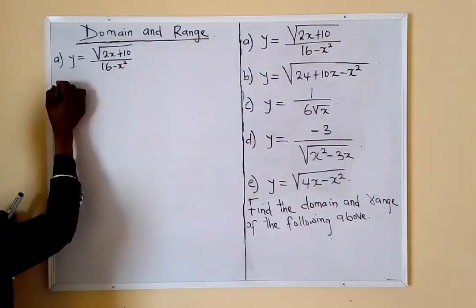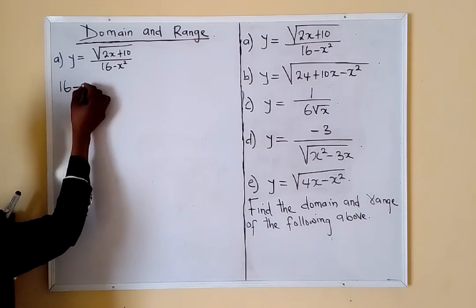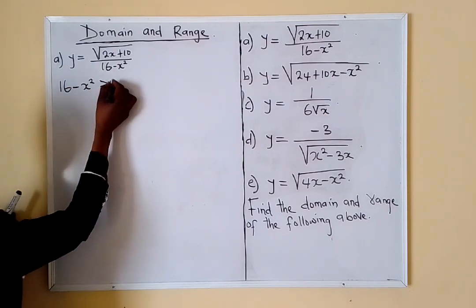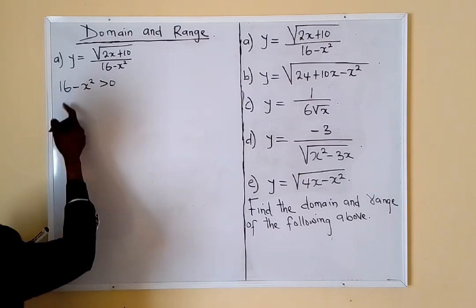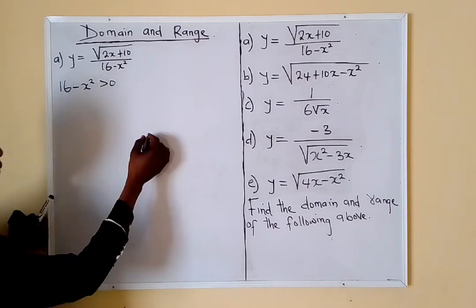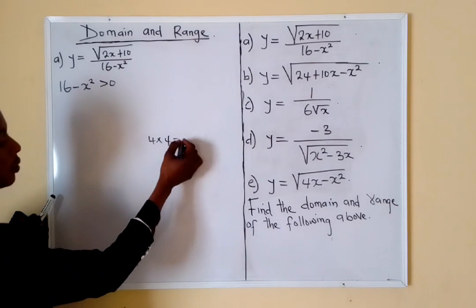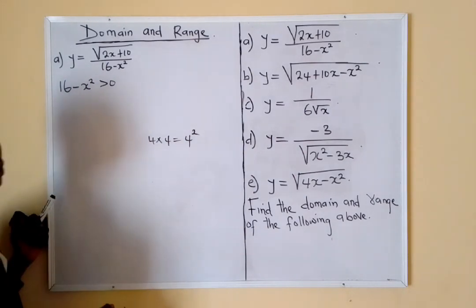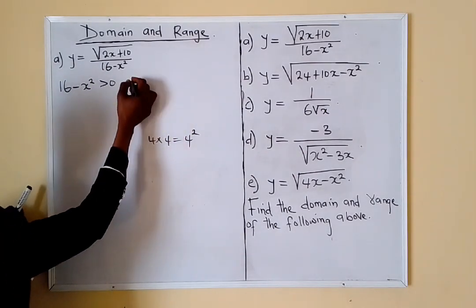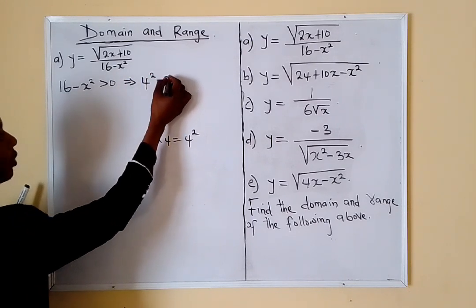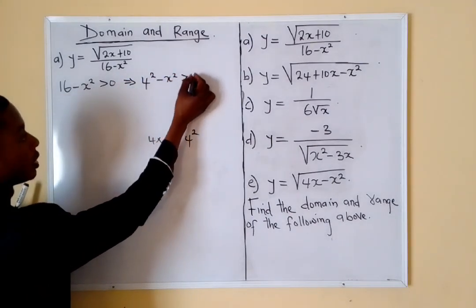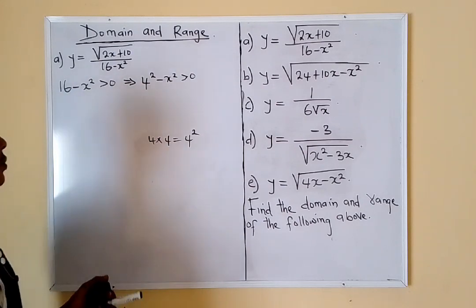So we are going to take our 16 minus x squared to be greater than 0. We simplify: 16 is the same thing as 4 times 4, which is 4 raised to the power of 2. So what we are saying here is the same thing as 4 squared minus x squared is greater than 0.